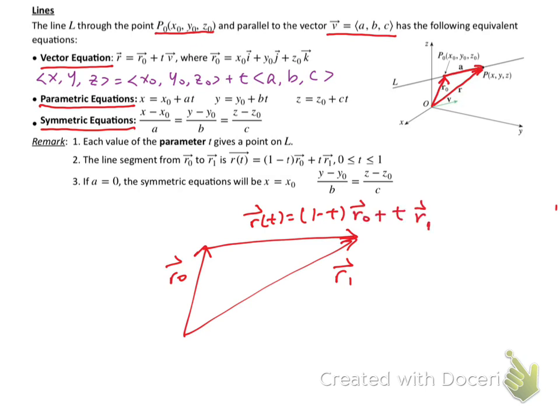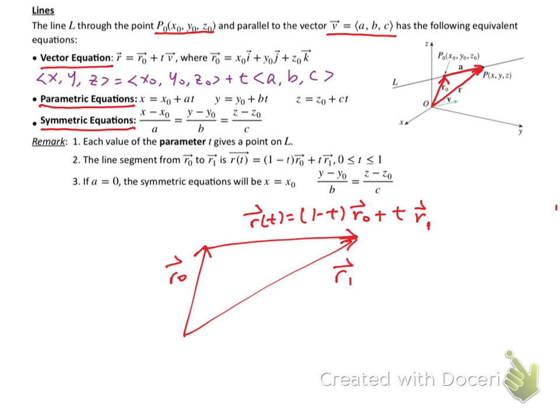When you plug in t equals 0, you just get R0, and when you plug in t equals 1, you just get R1. So in the middle, you get somewhere in the middle between R0 and R1.